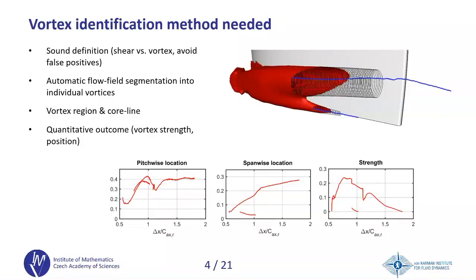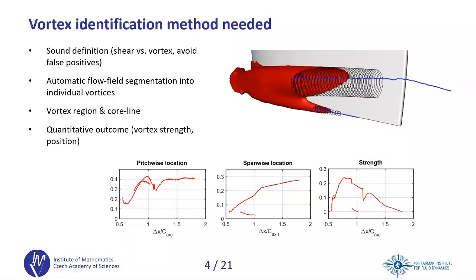So that's the first point, that we wanted to have physically valid results. Then we wanted this method to be able to automatically perform a segmentation of the flow field, to identify vortices as individual structures and to characterize each vortex by several parameters.